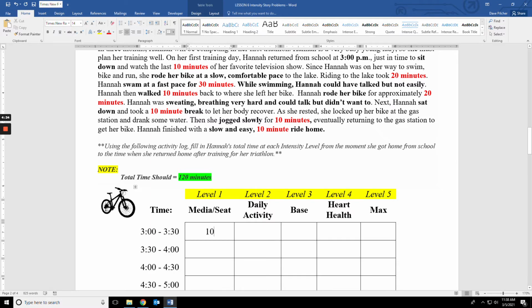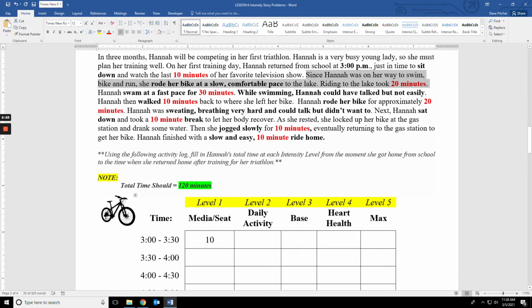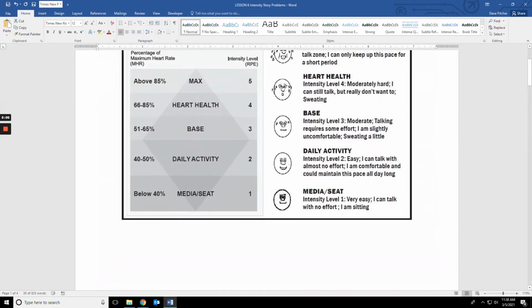Next sentence. I'm going to highlight it, and we're actually going to highlight the next 2 sentences. Since Hannah was on her way to swim, bike, and run, she rode her bike at a slow, comfortable pace to the lake. You'll notice that rode her bike at a slow, comfortable pace is bolded to bring attention to the activity and the pace. That's her intensity level. And riding to the lake took 20 minutes. Let's go up to the intensity chart.